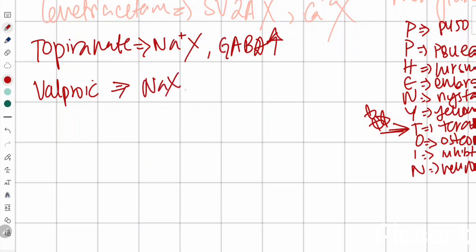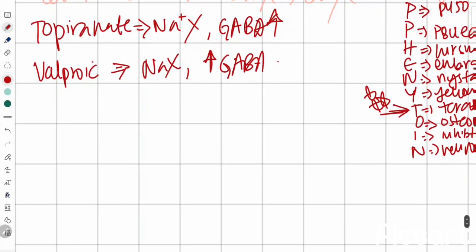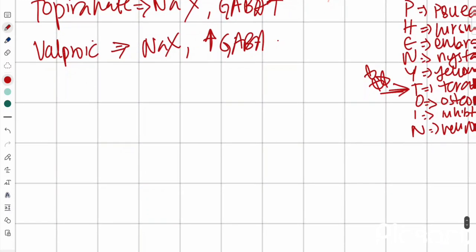First is sodium block and increased GABA. And of course, we know how it does that. It inhibits GABA transaminase. Important side effects include teratogenicity again. It is teratogenic and it causes liver damage.